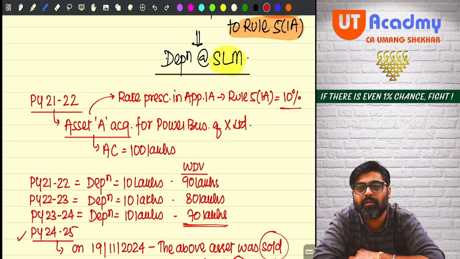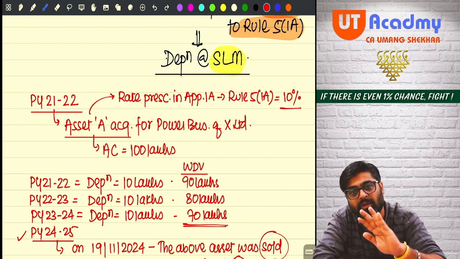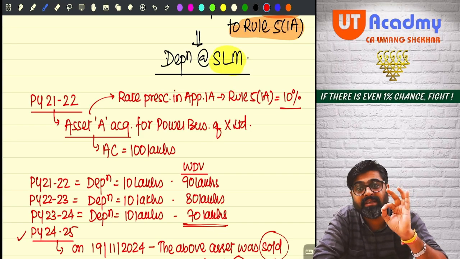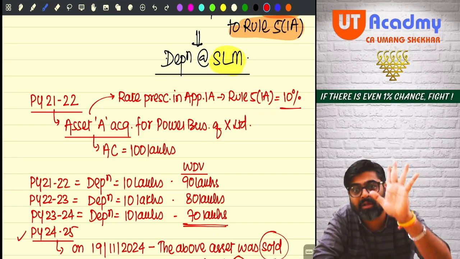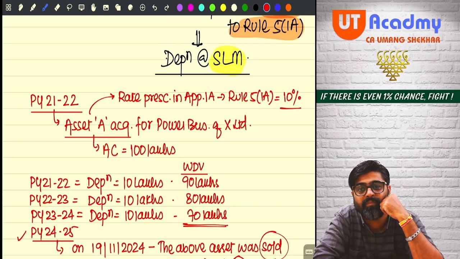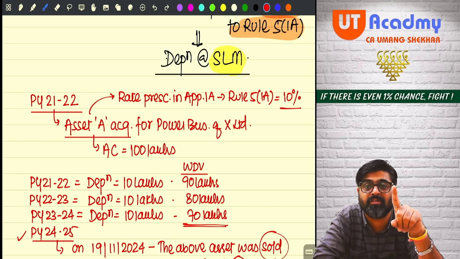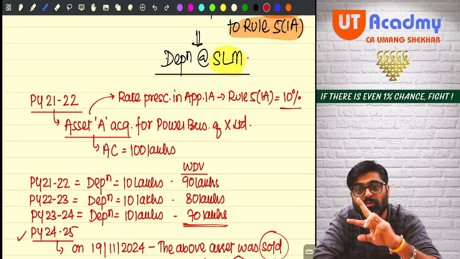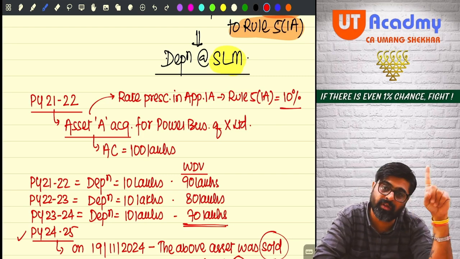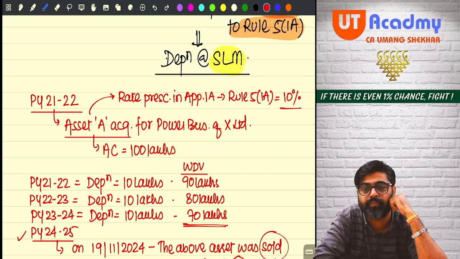Can it be possible? The year in which you acquired the asset for power business, in that same year you sold that asset without even charging depreciation. In that case, no terminal depreciation, no balancing charge. Whatever loss or gain will happen will always go to capital gain. Getting my point?